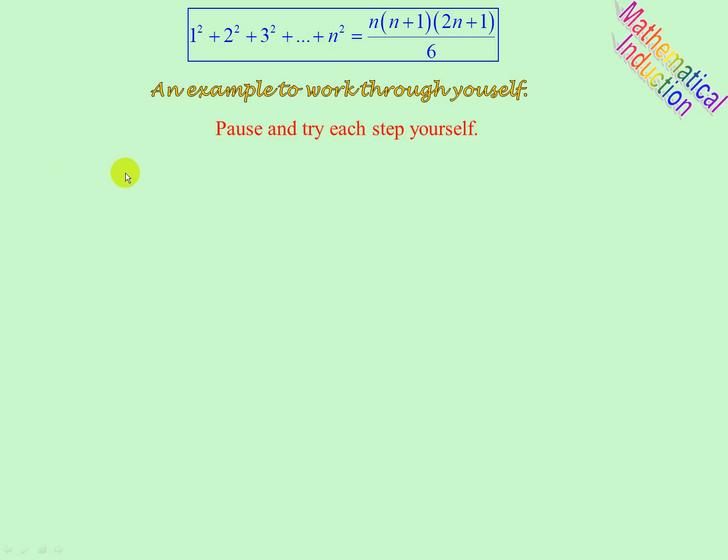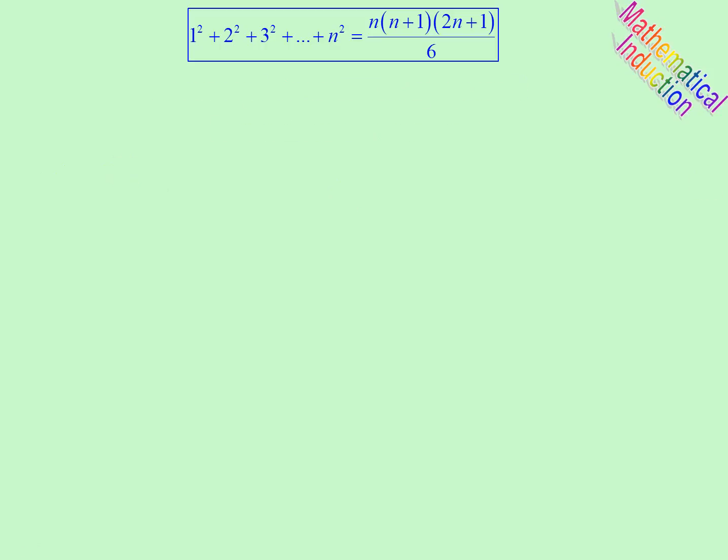Okay, now, first step, n equals 1. For n equals 1, left-hand side just means first term. Right-hand side means substitute 1 into the formula on the right-hand side and hope it comes out as 1.